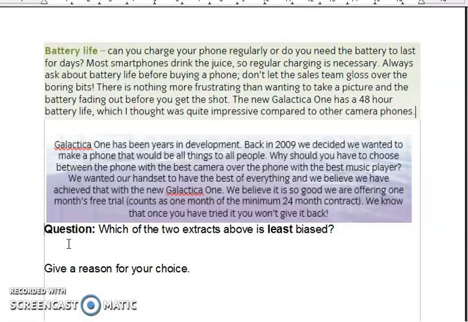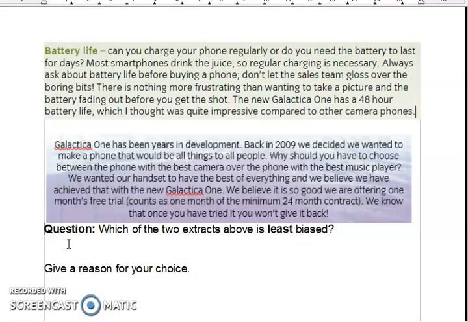Now, if you remember from earlier, bias is all about when someone presents just one side of an argument or is really trying to push something, trying to sell something. So you'd look for things where the writer is only giving the positives and not really giving any negatives, or vice versa. So pause this video, have a read through both those extracts and see what you think.